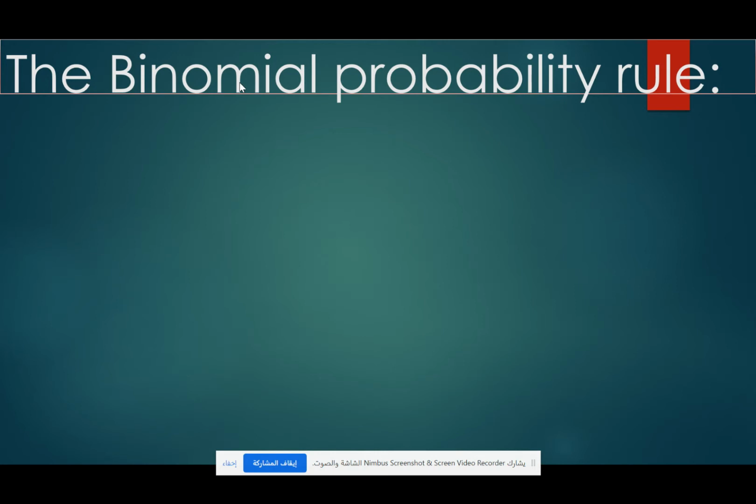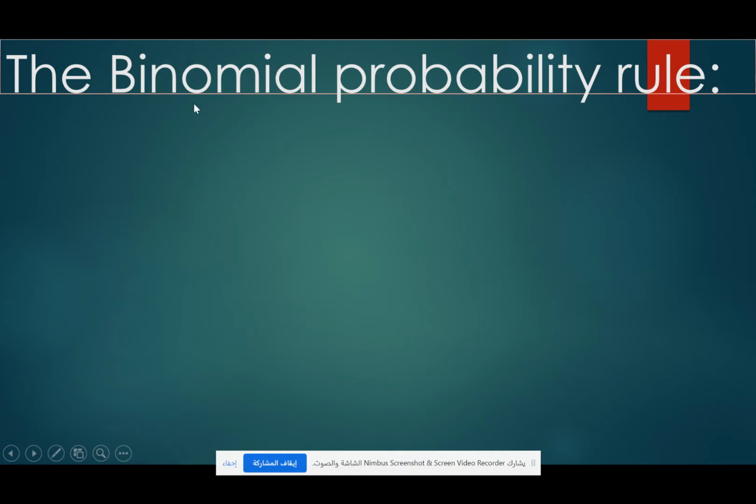If you toss it and you get head, for example, you decide to make it success, and the opposite will be fail when you are getting the other choice, which is tail. So this is the way to deal with binomial probability.